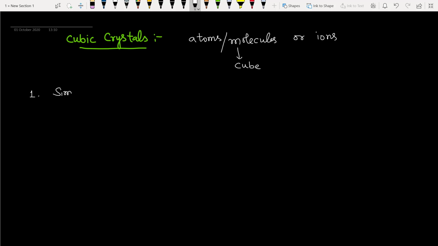Simple cubic, the simplest form out of the three.